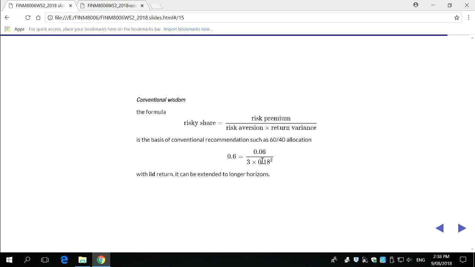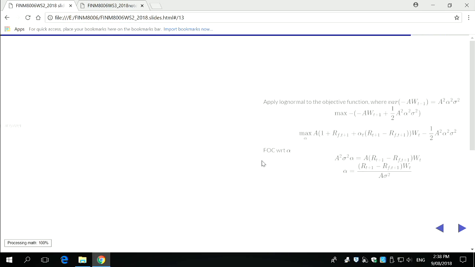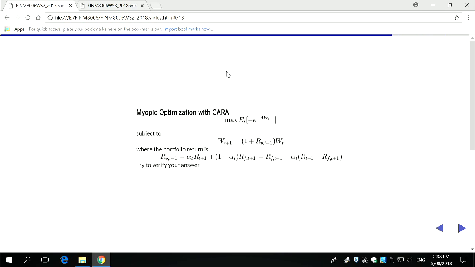Right? So remember what we do. Here the title says myopic optimization. Why do they call it myopic? Because this is just one period. Okay? Assuming you are doing it one period, from T to T plus 1. It's not multiple periods. Right? It's not like dynamic optimization. It's myopic optimization.